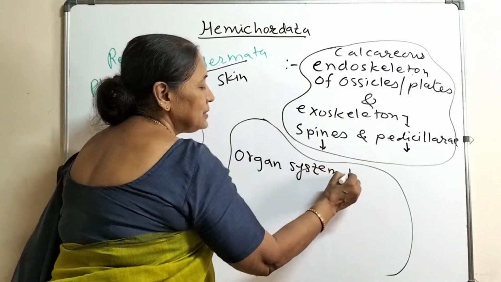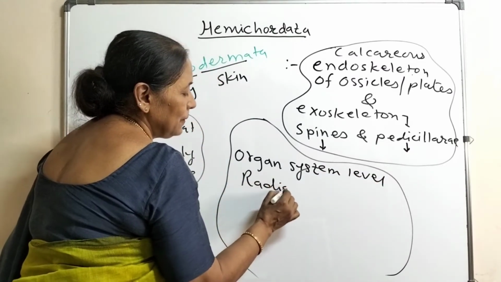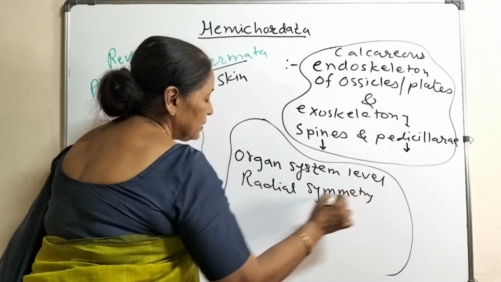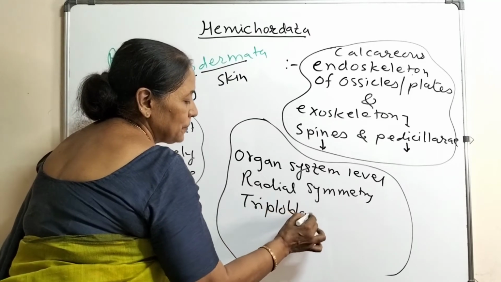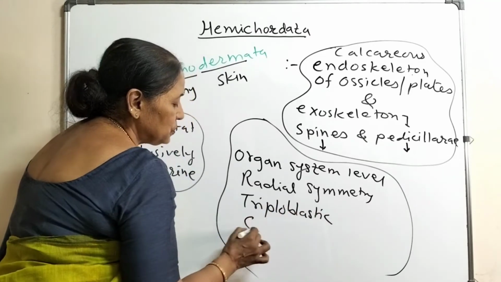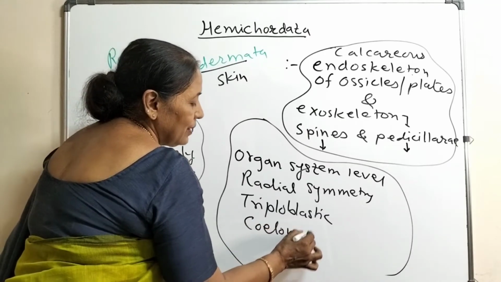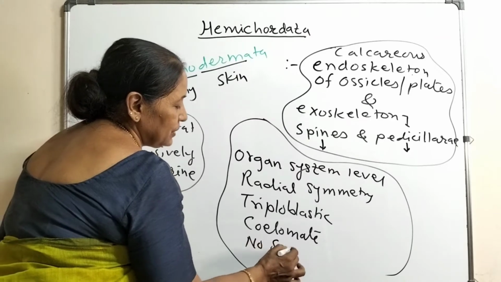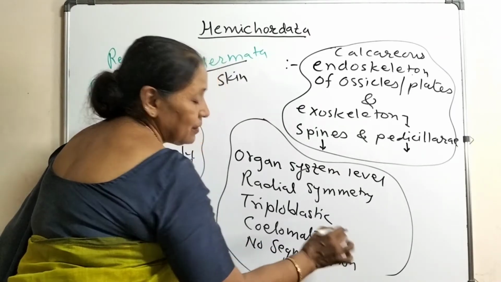Then the symmetry is radial. The germ layers are 3, that's why they are triploblastic. True coelom is present, so they are coelomate. And the body has no segmentation.